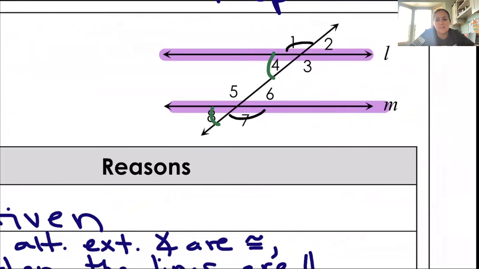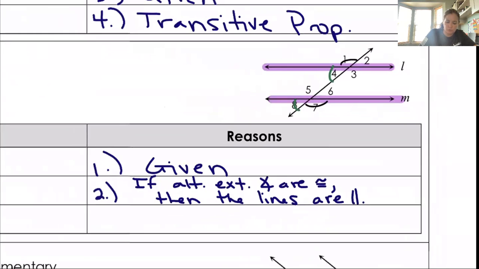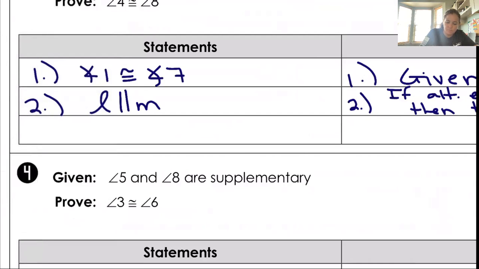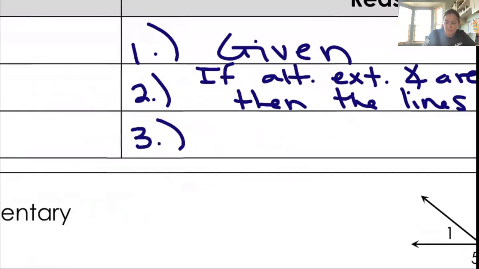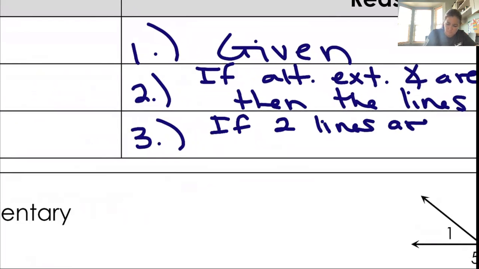So we can say that since lines L and M are parallel, then I can say 4 and 8 are congruent. And then that would be the conditional statement. So if 2 lines are parallel, then corresponding angles are congruent.